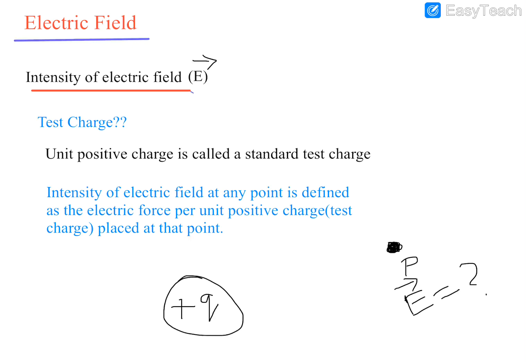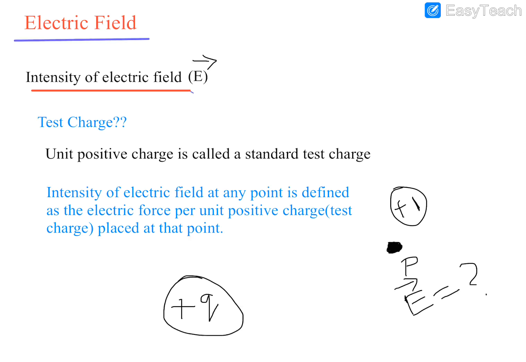So you want to find the force acting on a unit positive charge. Unit means plus 1. Unit positive charge. So plus and unit means 1. Okay. So unit positive charge if you keep here at P. Okay. How much force is acting on this plus 1 charge due to this plus Q charge? That is the intensity of electric field at that point.